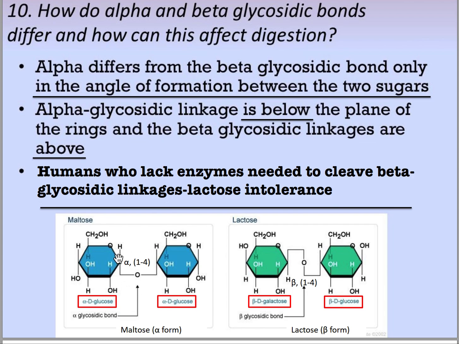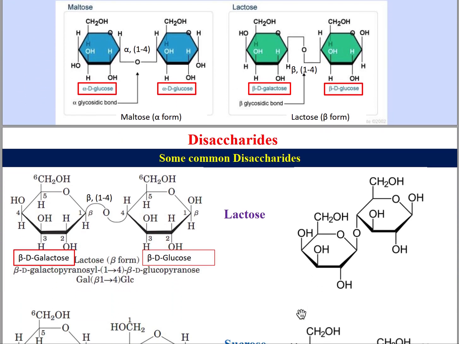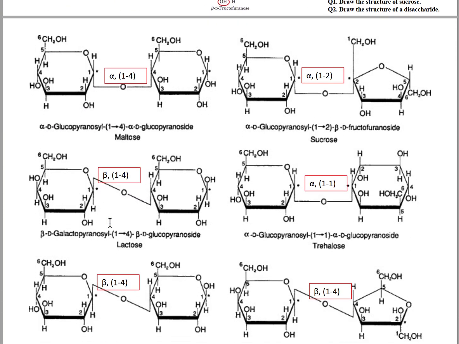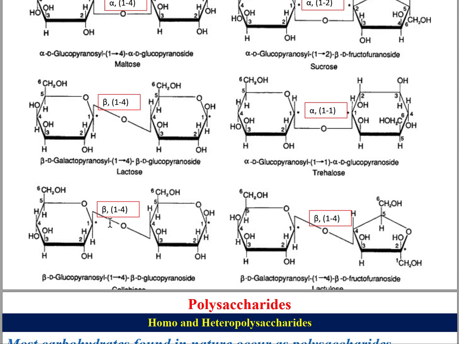Here you can see the anomeric carbon of this sugar involved in the bond formation. So this is alpha. The anomeric carbon involved in the bond formation is in beta, so this is called beta. Here are some important examples, like lactose. This is in beta form because the anomeric carbon of this sugar is in beta form. Here are some examples you can study or practice.